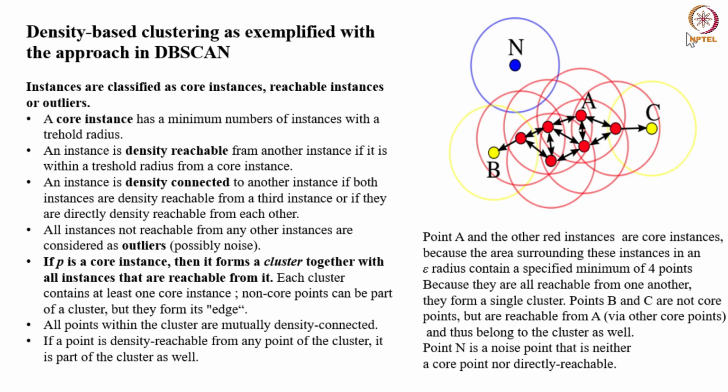Because they are all reachable from one another, they form a single cluster. B and C are not core points, but are reachable from A, and thus belong to the cluster as well. But the point N is neither a core point nor directly reachable, and is therefore not considered part of the cluster.